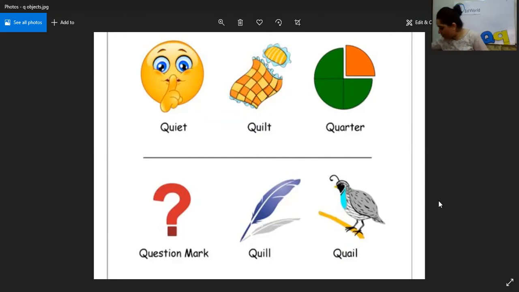Let's say if we talk about this clock, the quarter of the clock will be here till number 3, right? So quarter means if you cut your pizza into 4 pieces only, 1 piece when you take will be the quarter of that pizza. Yeah, now understand?